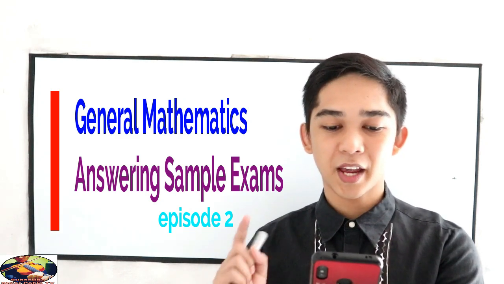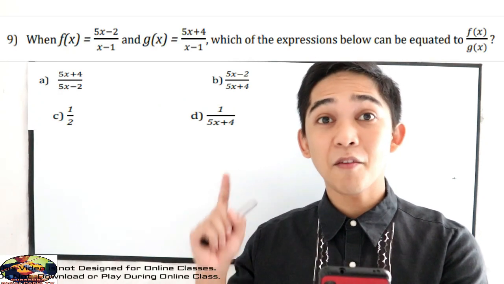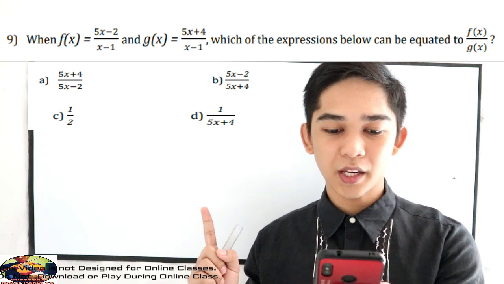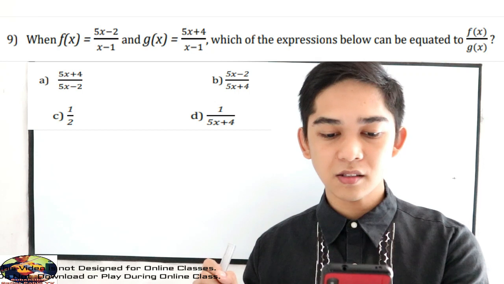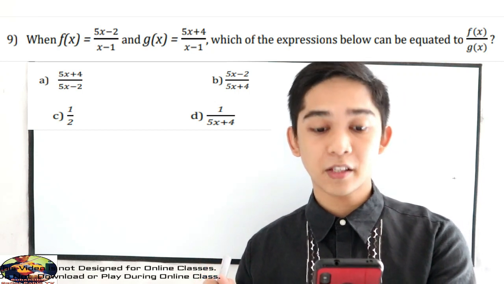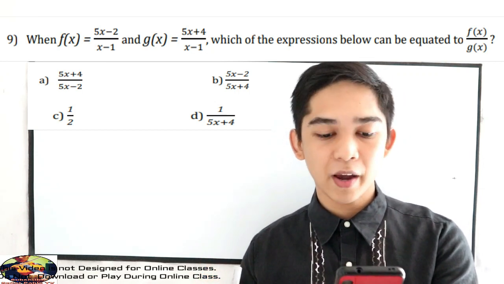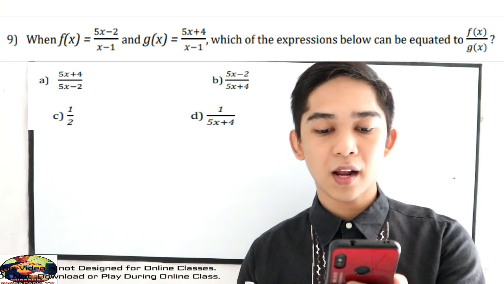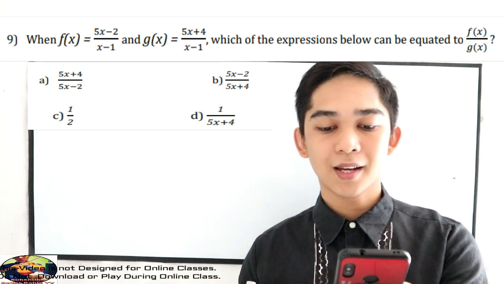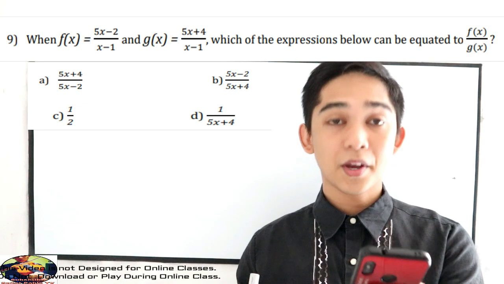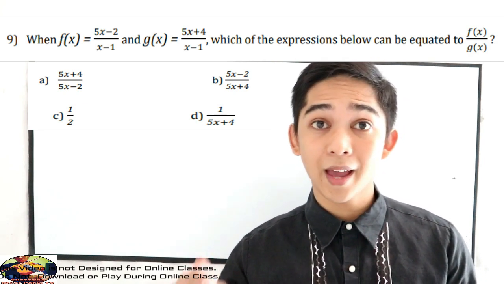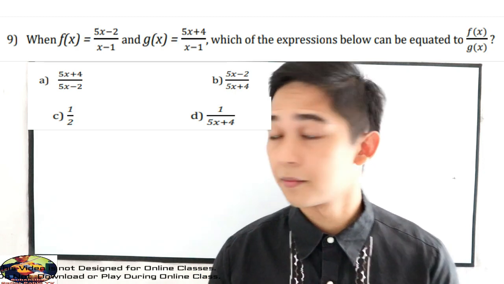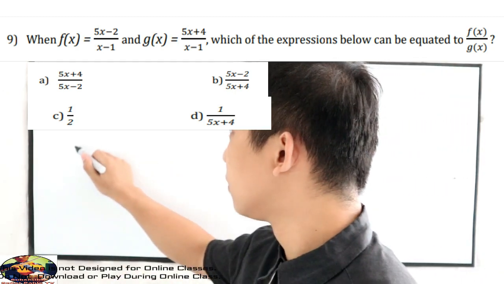The question in number 9 is, when f of x is equal to 3x over x minus 2 and g of x is equal to 5x plus 4 over x minus 1, which of the following expressions can be equated to f of x over g of x? So we're going to find f of x all over g of x. So let us solve.